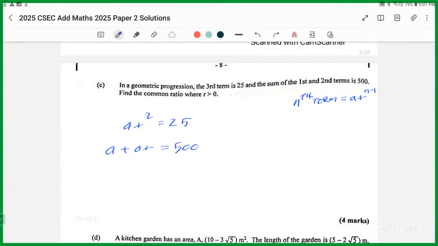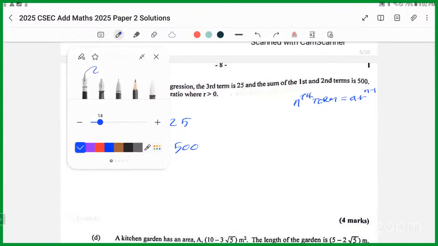So I always tell students, when you get simultaneous equations from a geometric series, you normally solve by dividing. So all you need to do is divide these two. I'm going to divide this one by this one. Write it here that I'm dividing.